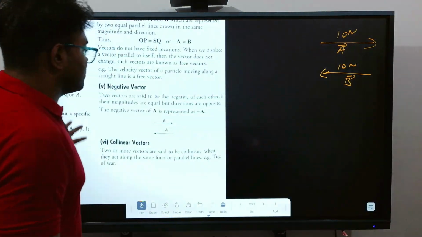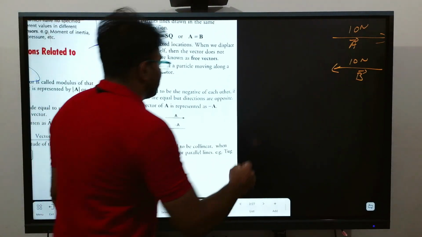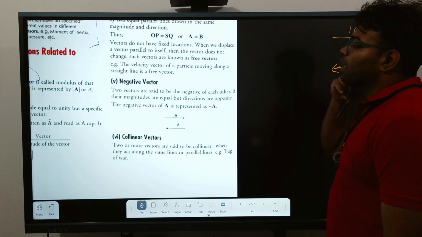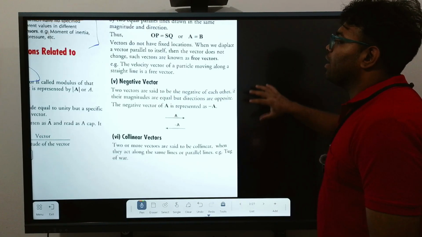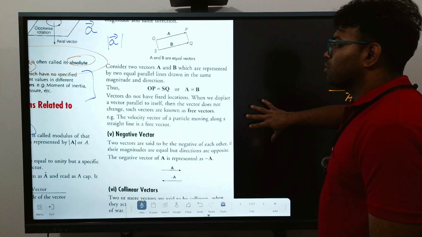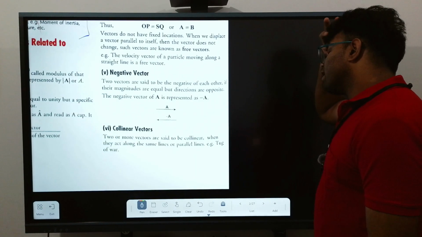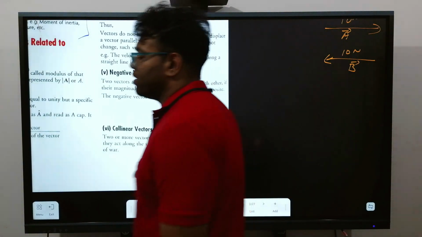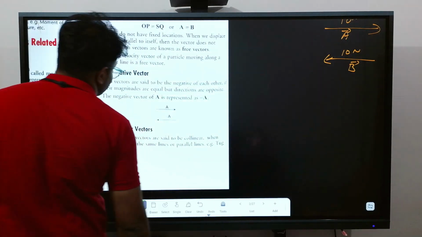Negative vectors, understood? So if two vectors have equal magnitude but their direction is different, we call them negative vectors.